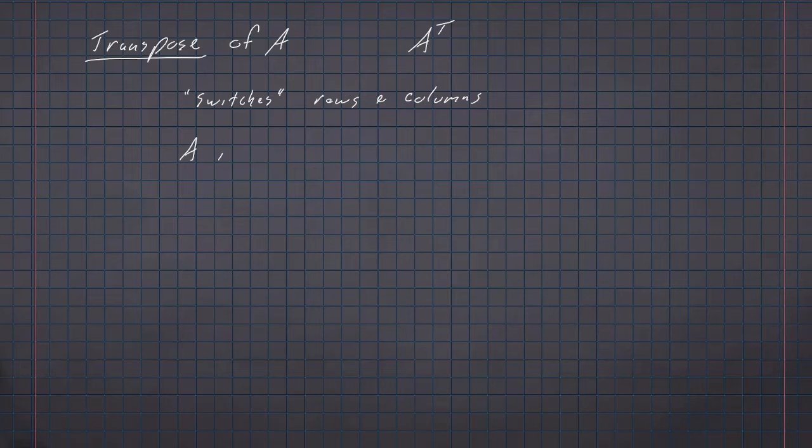So if A is an M by N matrix with entries given as little a sub ij, then A transpose is an N by M matrix with entries given as a sub ji.